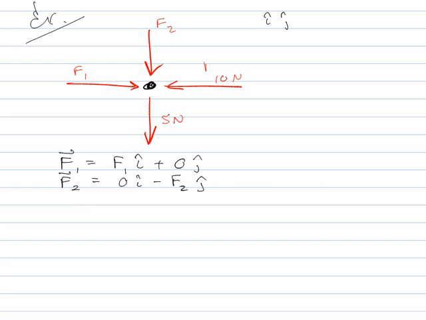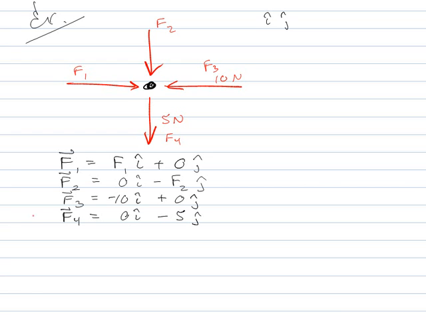Let's call these F3 and F4. So F3 is in the negative i hat direction, so minus 10 i hat plus 0 j. And F4 is entirely in the negative j hat direction, so 0 i hat minus 5 j.